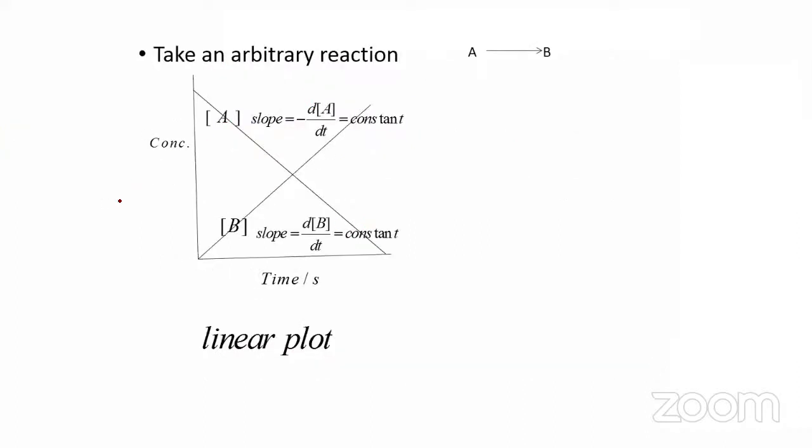Some of you will understand the graphical form. Look at the reaction here. A is reacting to give B, on top of the screen there. This is an undefined reaction.